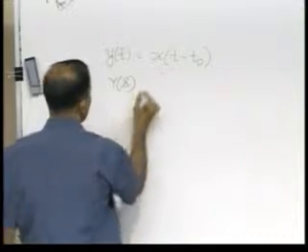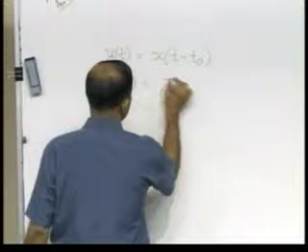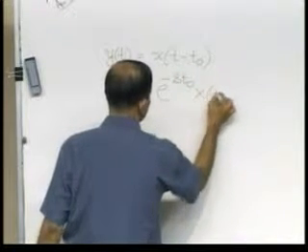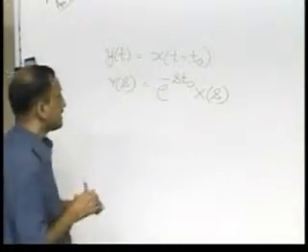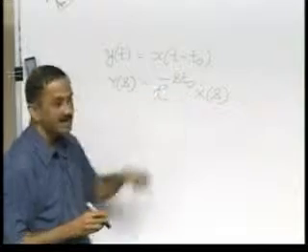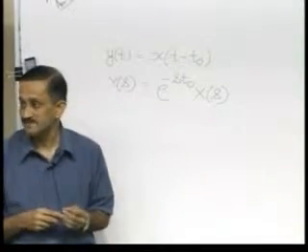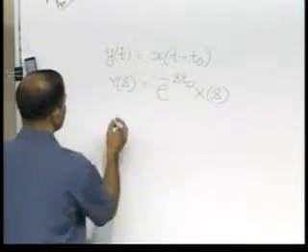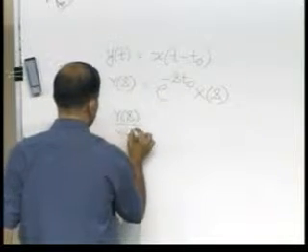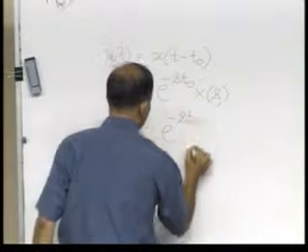Y(s) is e raised to the power minus s t0 times X(s). It is very easy to show that the Laplace transform of x(t minus t0) is e raised to the power minus s t0 times the Laplace transform of x. Now, here the system function Y(s) by X(s) is e raised to the power minus s t0, and this is irrational.